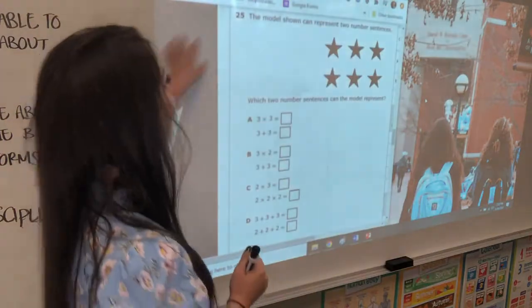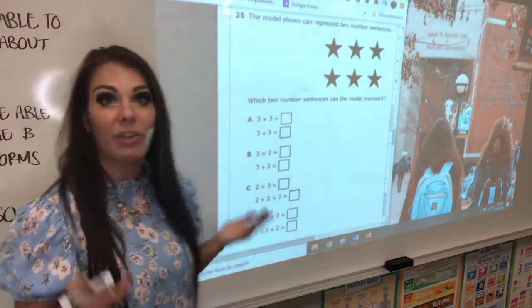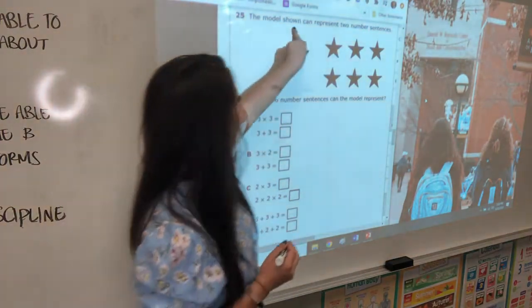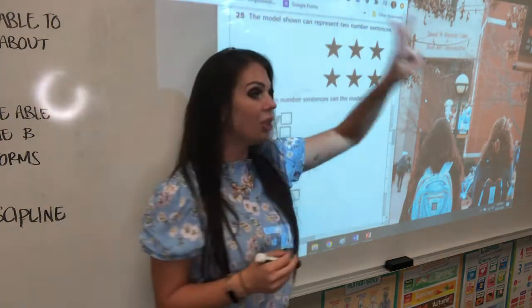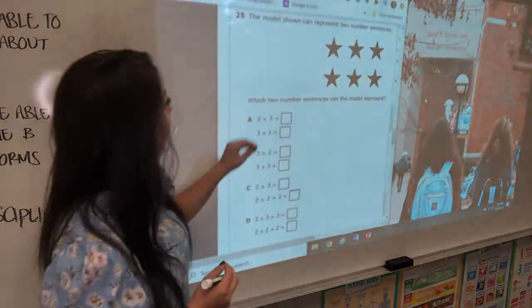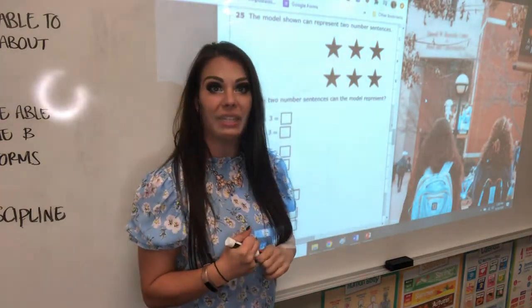So here is a practice. This is a real STAAR question, but we are going to practice it and try it out, okay? It says the model shown can represent 2 number sentences. So how many stars do we have? 6. We have 6 total.